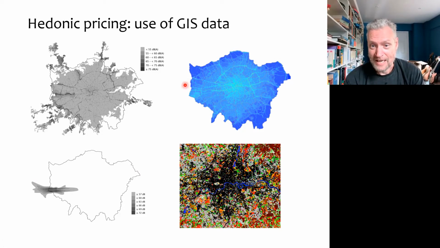This is air quality, and the darker blue is better, but in the city center air quality is pretty bad. And then these are all sorts of environmental amenities. So blue is water, you see the Thames here. Green are parks, and then the black things are just houses, and that matters too.